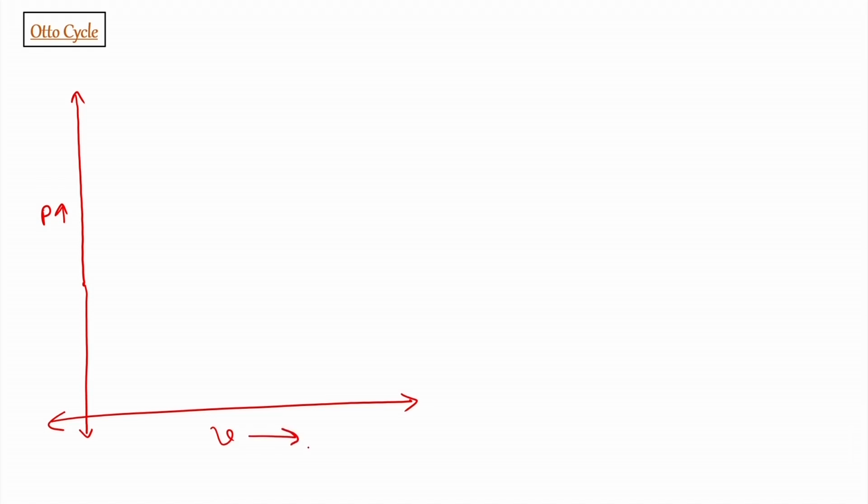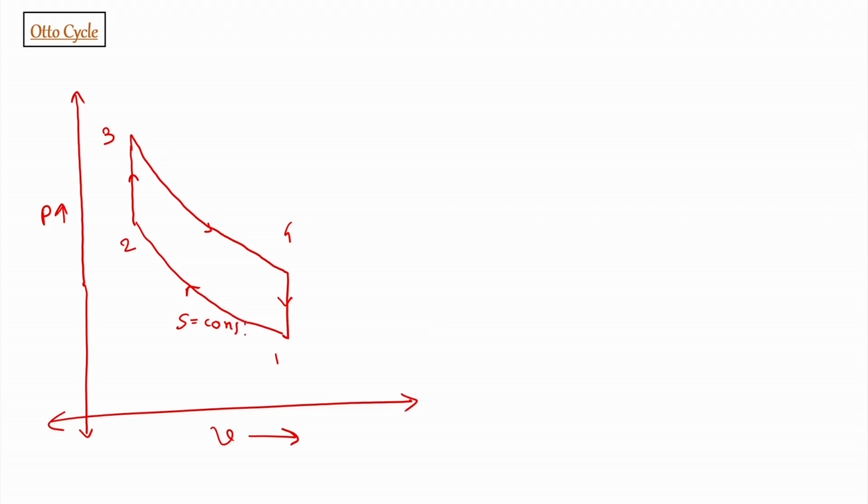So, PV diagram for Otto cycle is comprised of first 1 to 2 is isentropic compression, 2 to 3 is constant volume heat addition, 3 to 4 is isentropic expansion, and 4 to 1 is again constant volume heat rejection. So, this is entropy constant, this is volume constant, this is entropy constant 3 to 4, and 4 to 1 is again volume constant.